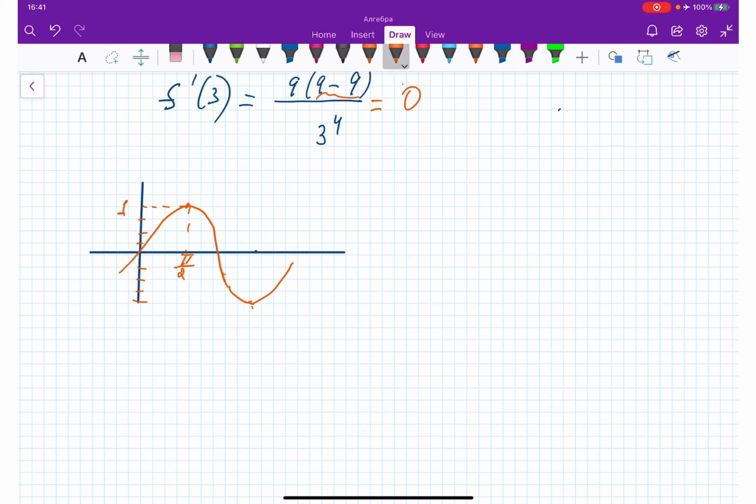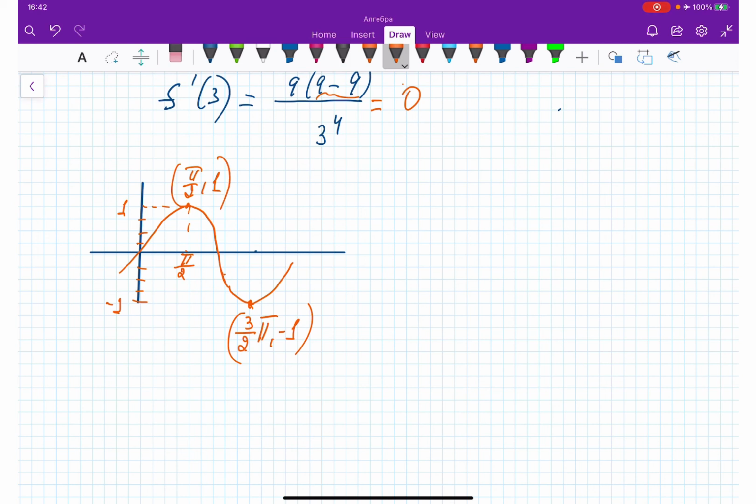And this one is going to be 3 over 2 pi, and the result is -1. So 3 over 2 pi, -1. This one is going to be pi over 2 and +1.